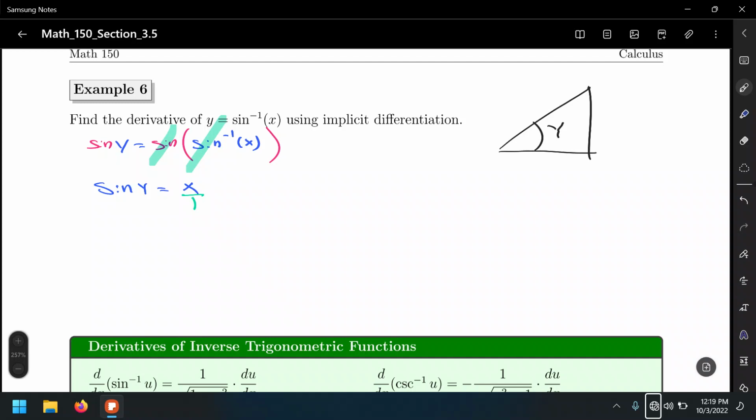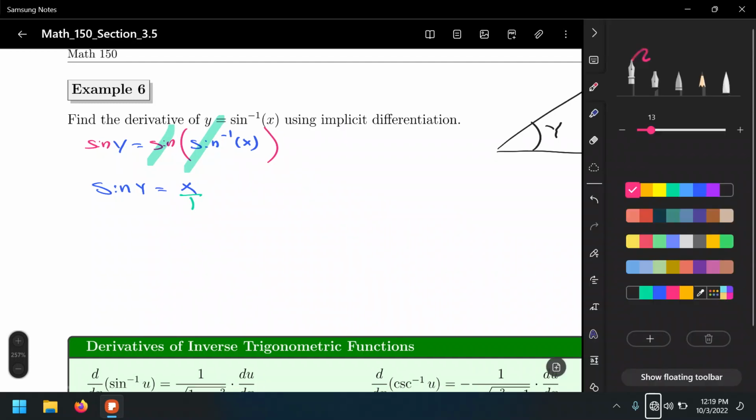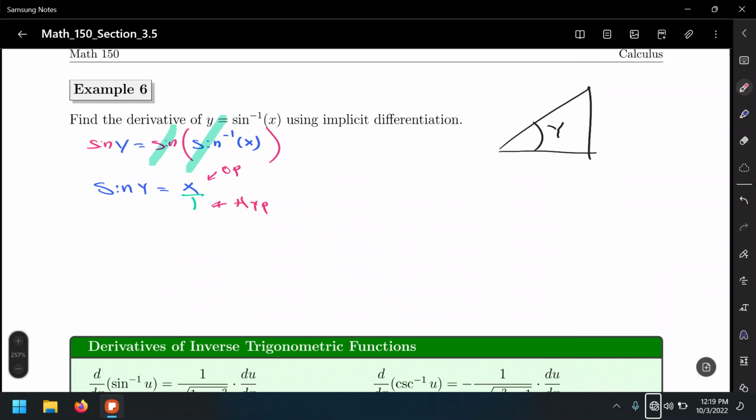And what's SOHCAHTOA for sine in this case? What's the numerator? Opposite over hypotenuse, right? That means opposite is x, and hypotenuse is 1.